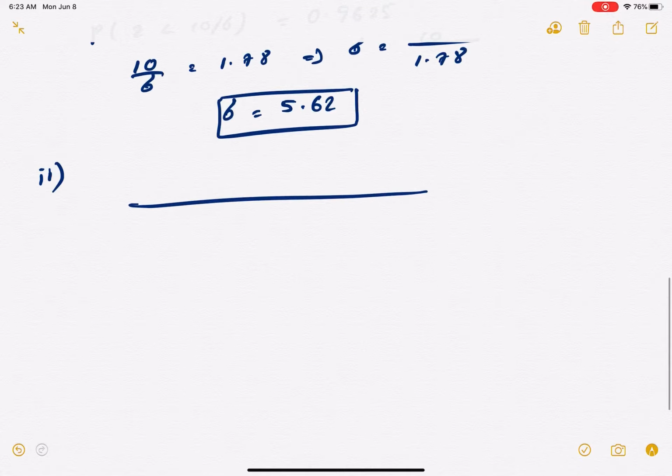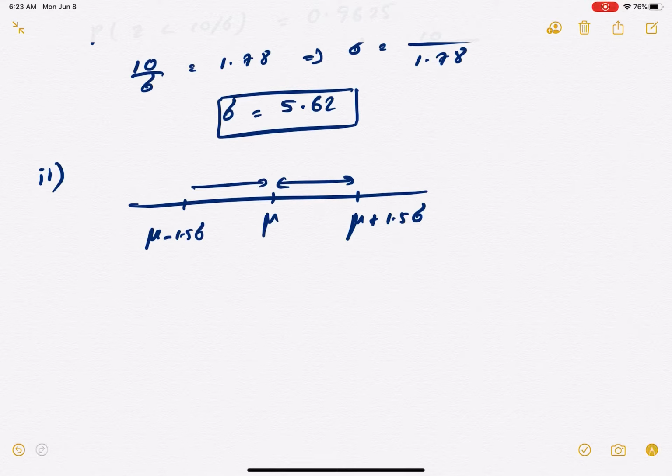Let's say this is the x-axis and here's the mean, mu, and this will be mu plus 1.5 sigma, the distance of 1.5 times the standard deviation away from the mean. Otherwise this should be mu minus 1.5 sigma, which is also 1.5 sigma away from the mean.